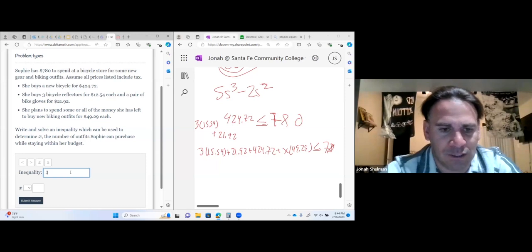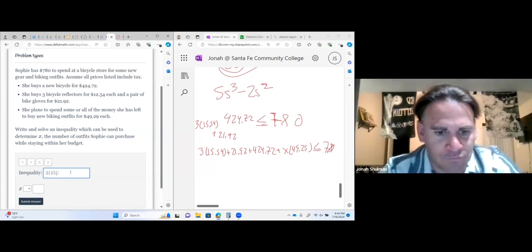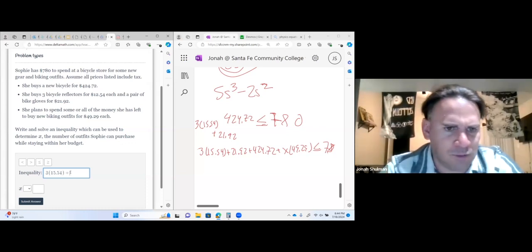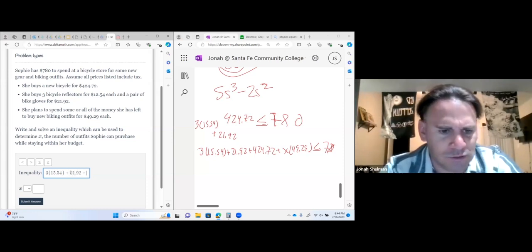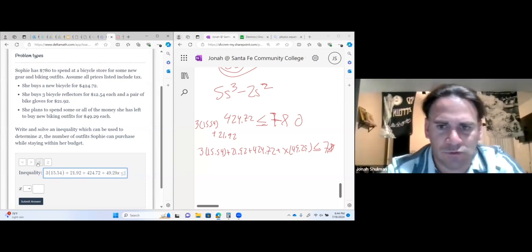So here it is. 3 times 15.54 plus 21.92 plus 424.72 plus 49.29x is less than or equal to 780, and we've got to solve this thing.